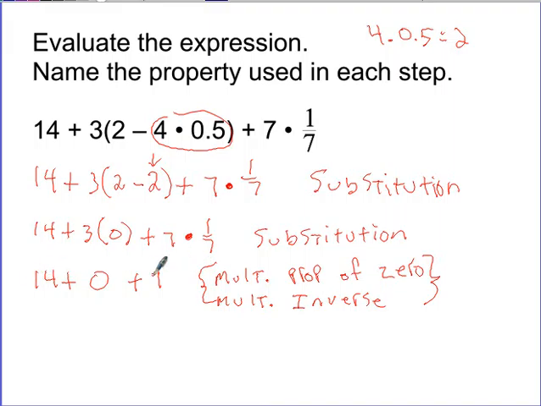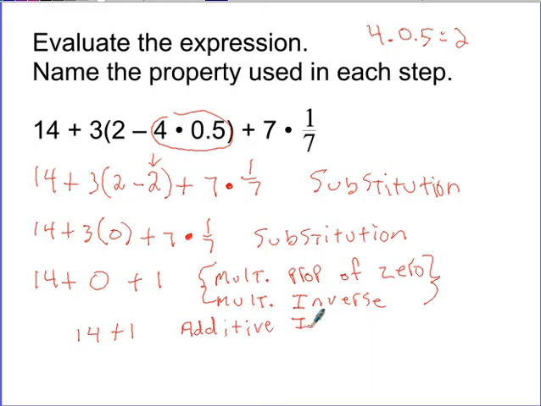Now, I've got 2 steps left. Order of operations says when I have addition, I work left to right, correct? We're going to do this in 2 steps. What's 14 plus 0? 14. 14 plus 0 is 14. Additive identity.